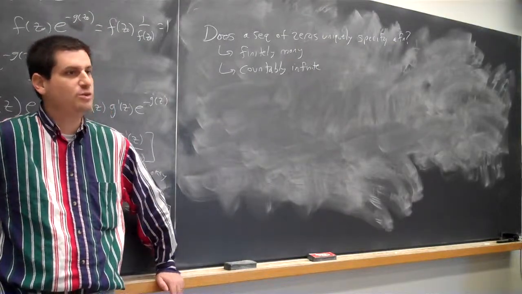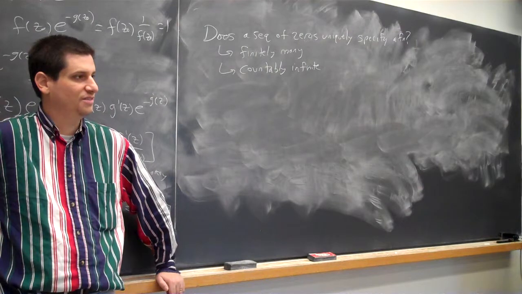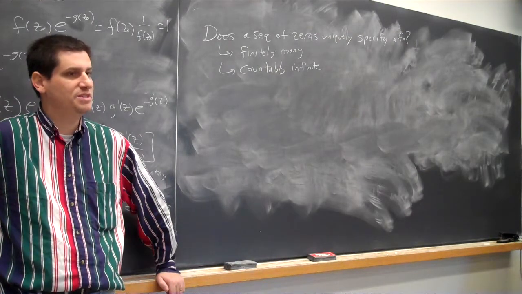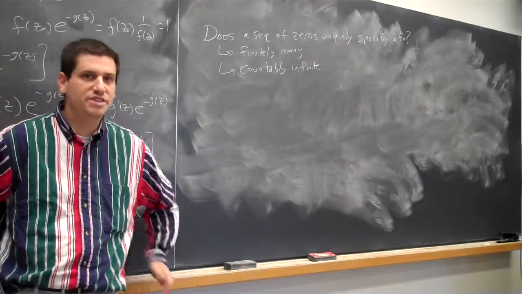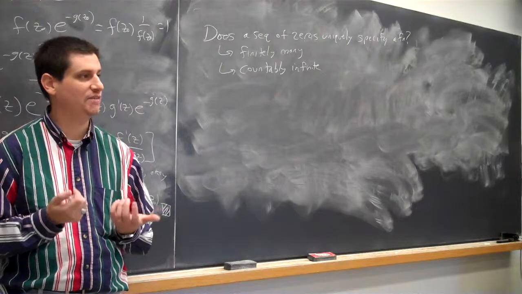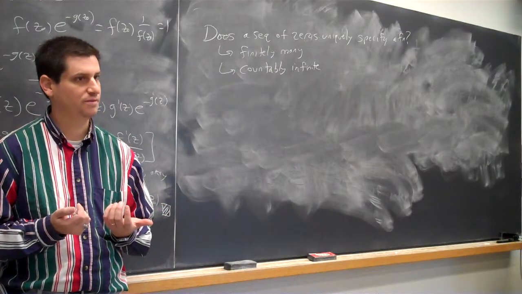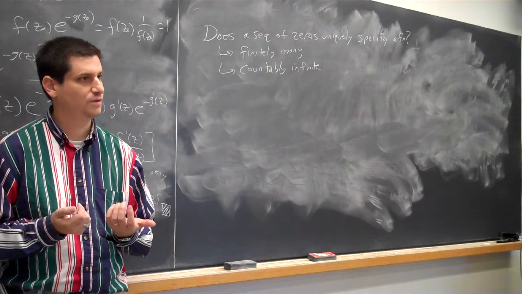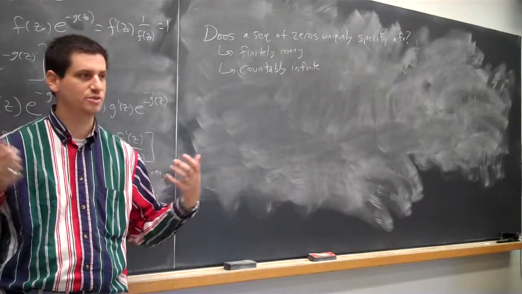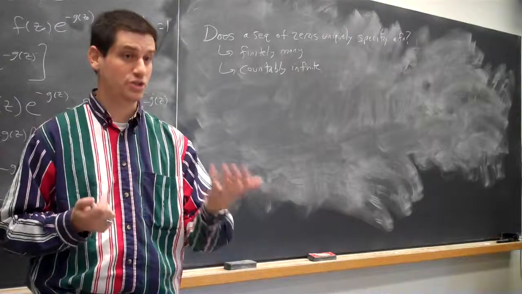In a case like that, you would almost surely have what? If you have uncountably many zeros, something's going to happen. When we're looking at sequences of zeros, there's a phrase we had, this accumulation point.